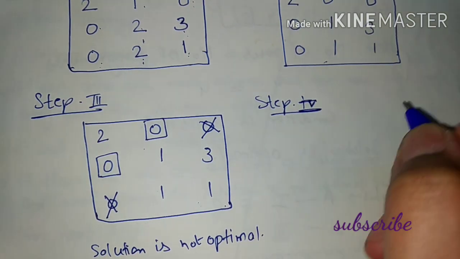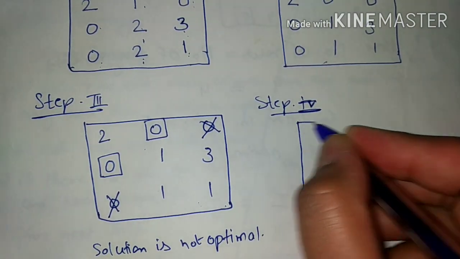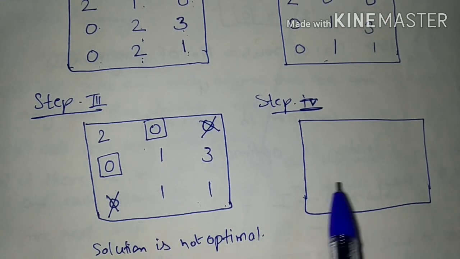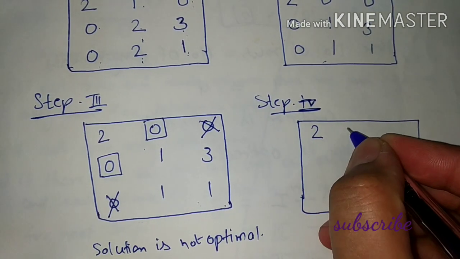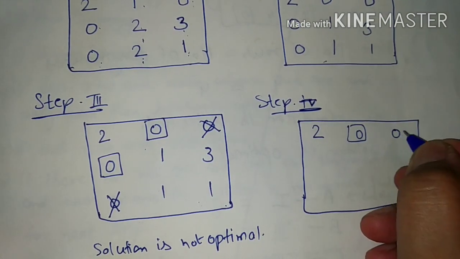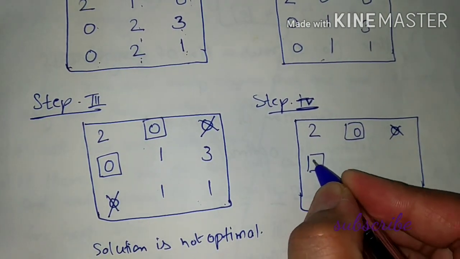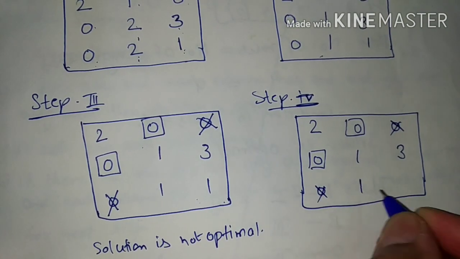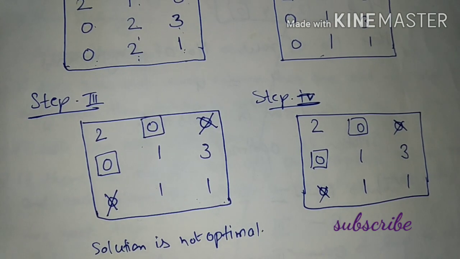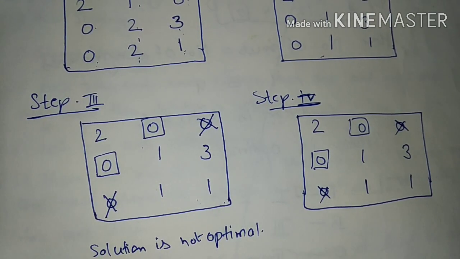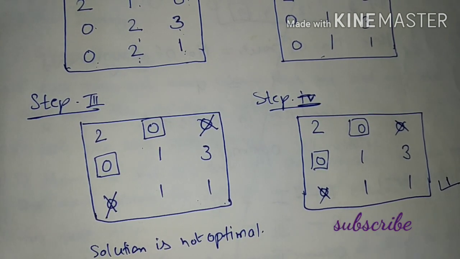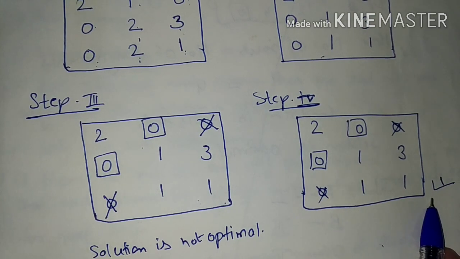Step number 4. I am writing here this matrix: 2 0 0 0 1 3 0 1 and 1. Tick row 3rd having no assignments.